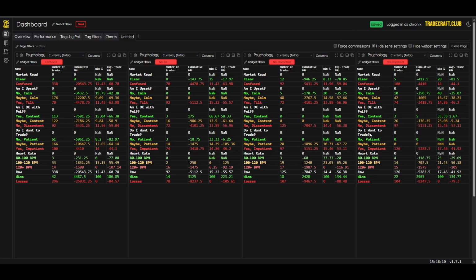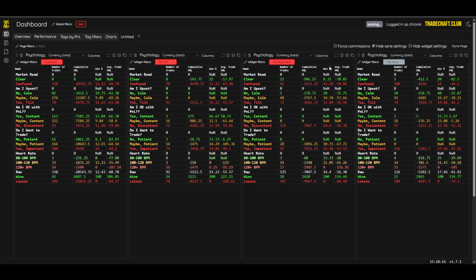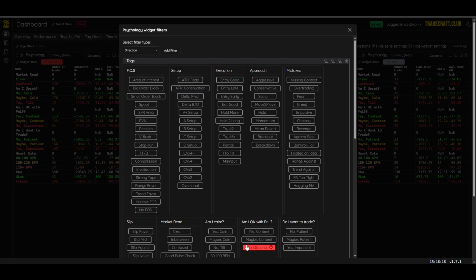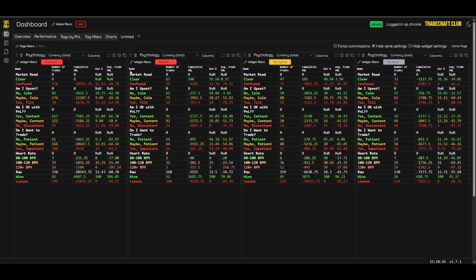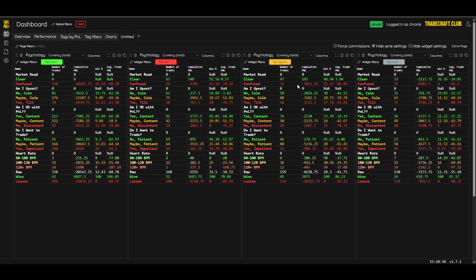When my patience wears thin, I'm going against most of the time, followed by a none condition. So my patience from lowest to highest is like this.